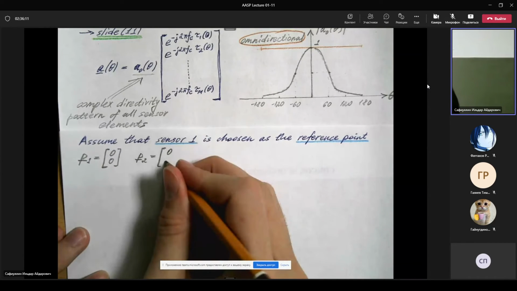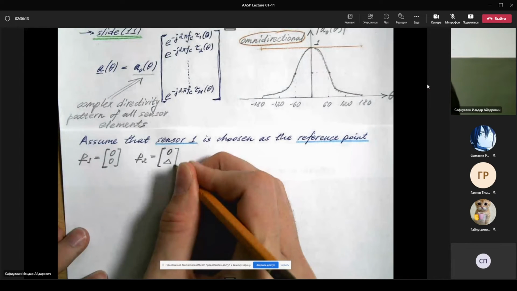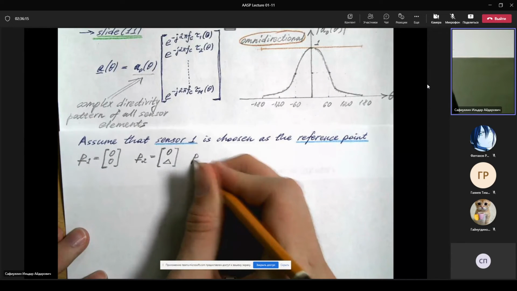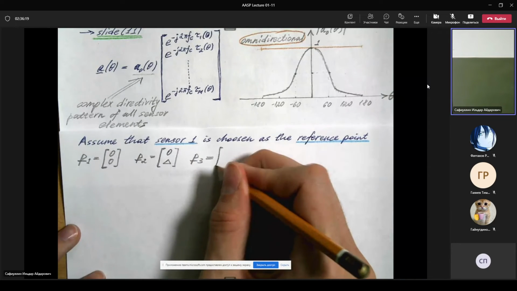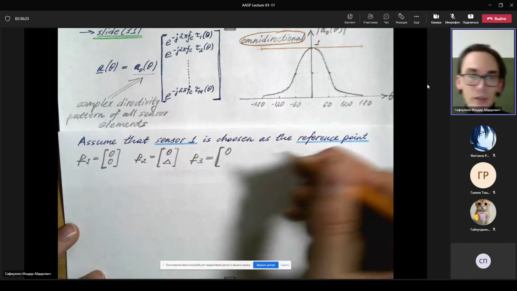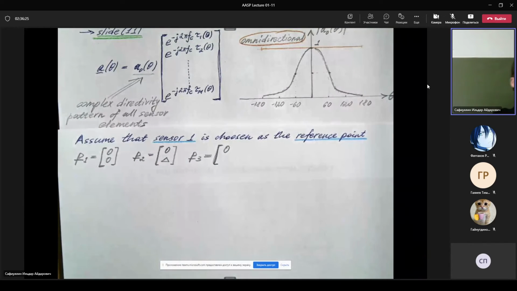So it is delta. Then let's go further, to the third sensor. X is 0, but now the space between the first and third is 2 inter-element spacings. So 2 times delta.